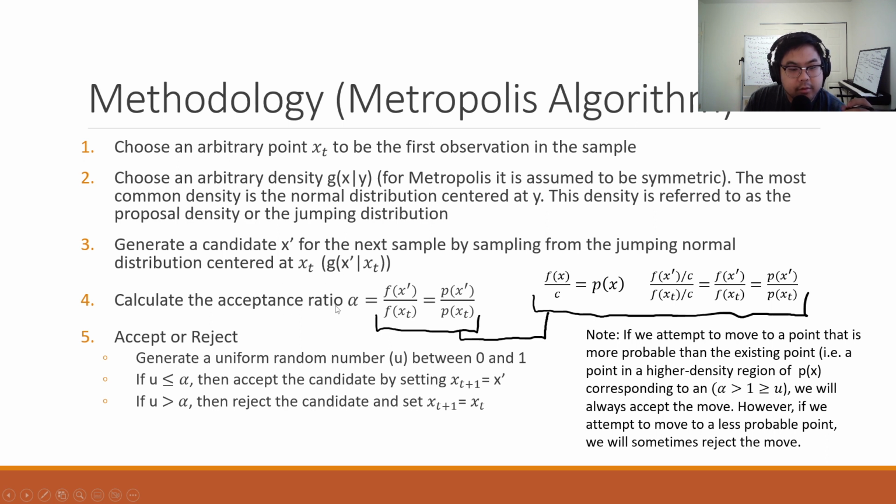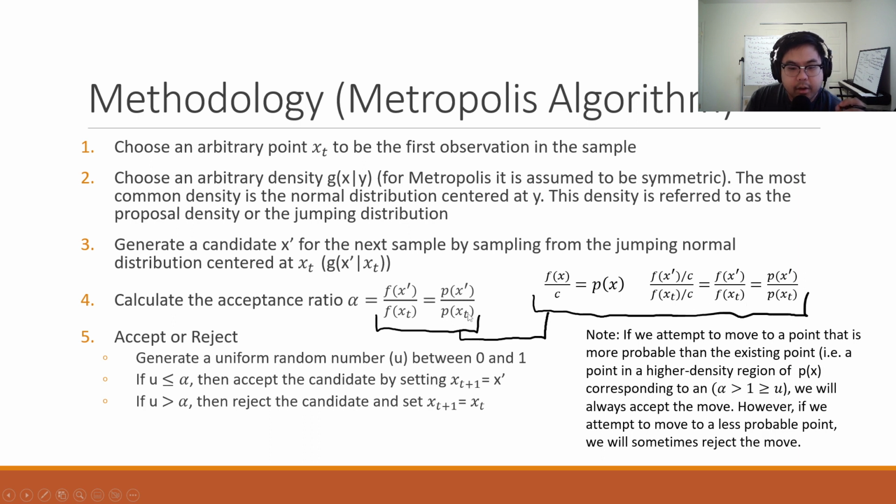And then we plug the respective x prime and x sub t into the proportional function, which, through the mathematics, we can figure out becomes the ratio of the posterior, because the normalizing constant cancels when you take a ratio.